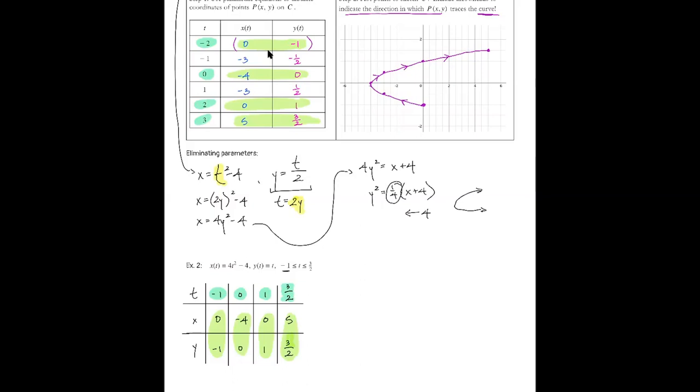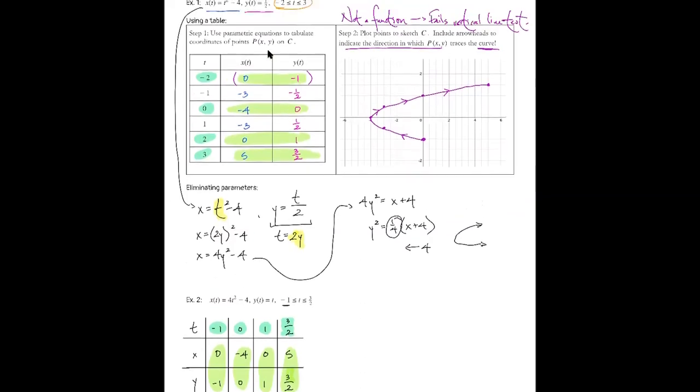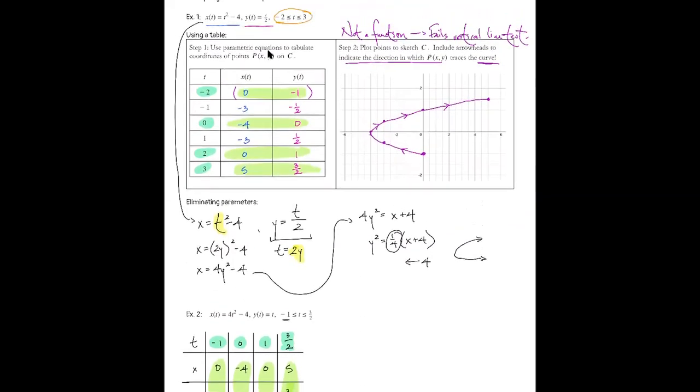So remember earlier I said that a parametric curve can be defined by more than one set of parametric equations. This is an example of that. These two equations, in example 1 and example 2, actually give you the same curve.